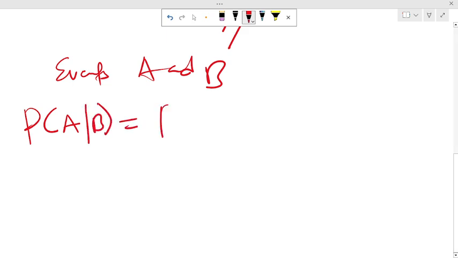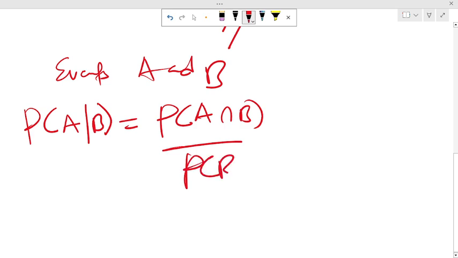This can be written as the probability of both A and B occurring, all divided by the probability of B, right? So the probability of B would be given because it has already occurred. Then we would also maybe be given the probability of both A and B occurring, right?